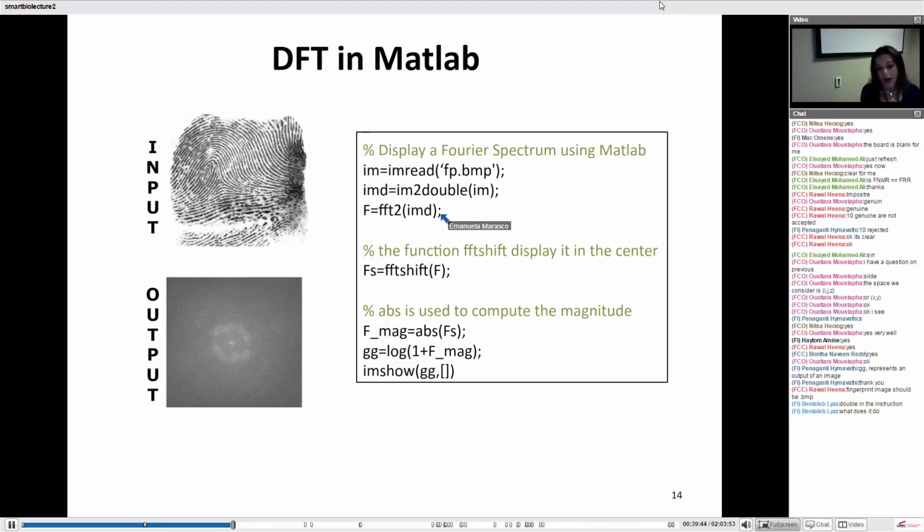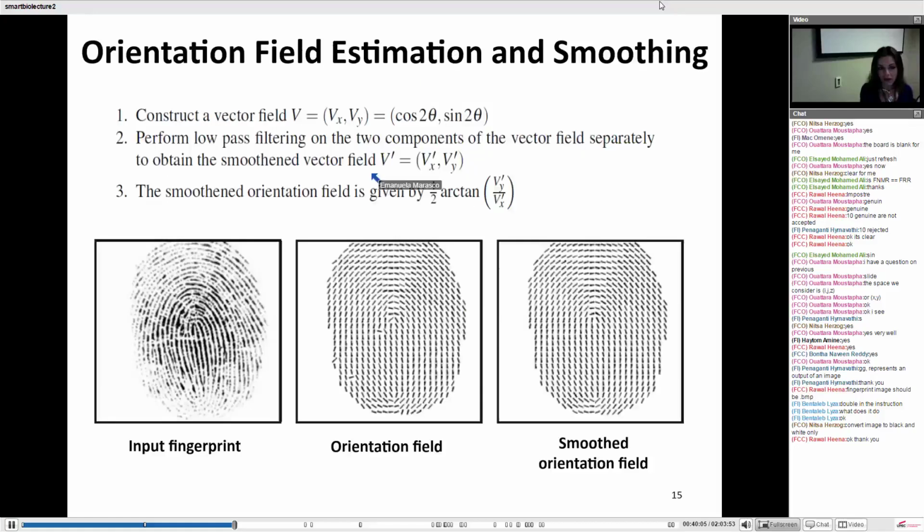In this case, FFT2, which is a predefined MATLAB function, does not accept the output of imread directly, but you should convert to double. That's why we have to do this intermediate step, and then it will work. Otherwise, you will have an error. So yeah. Oh, you are welcome.